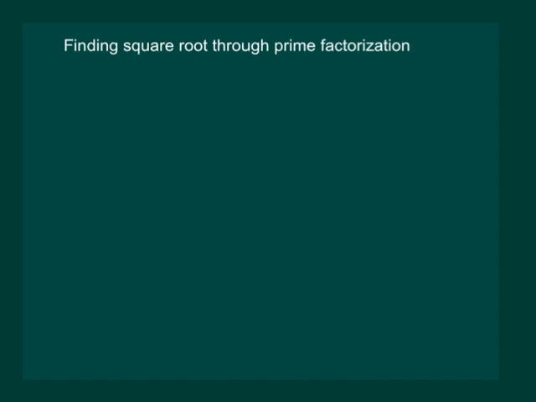Let us learn the method of finding square root through prime factorization. Let us try to understand this by using an example. Say we have to find the square root of 36. Let us use the prime factorization method. So let us first find the prime factors of 36.